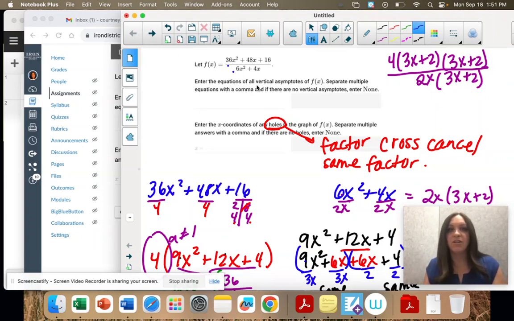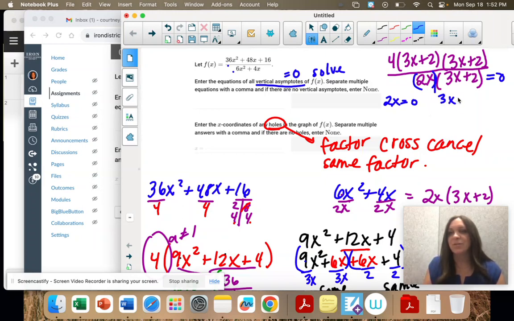But first, let's write our vertical asymptote. We take the denominator, and we set it equal to 0, and then solve. And it's way easier in factored form. So 2x equals 0 is the first factor, just not in parentheses.